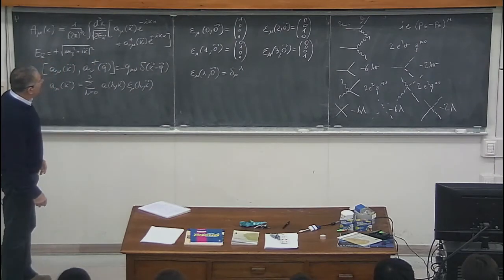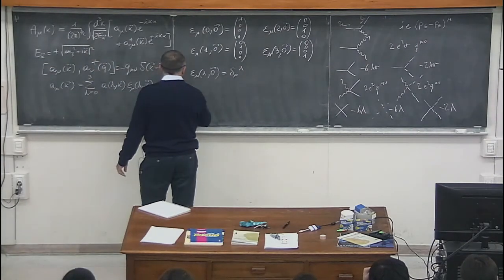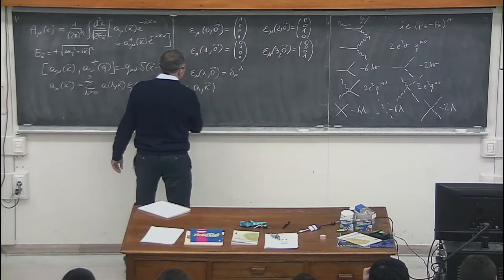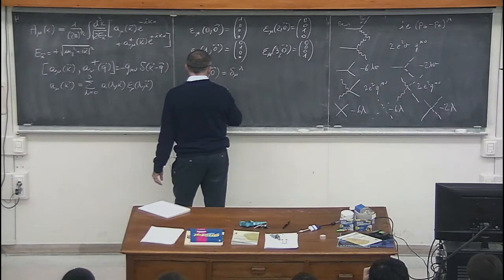And after I have defined the 4 polarization vectors in the rest frame, I can get epsilon mu in the frame where the vector boson moves with the momentum k by simply boosting them.